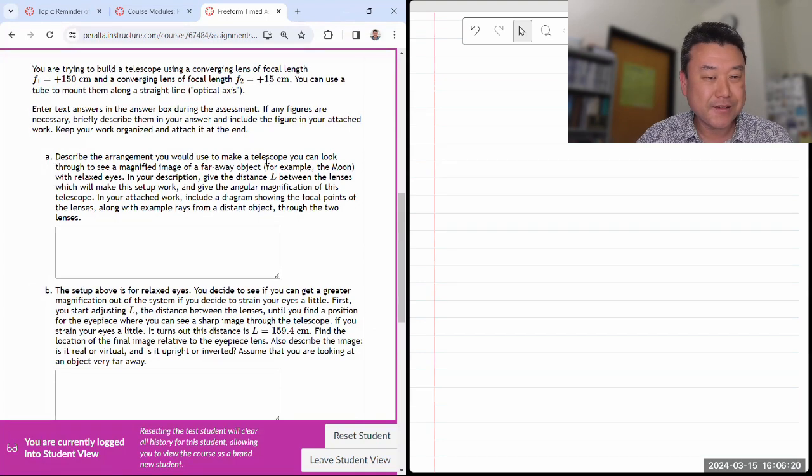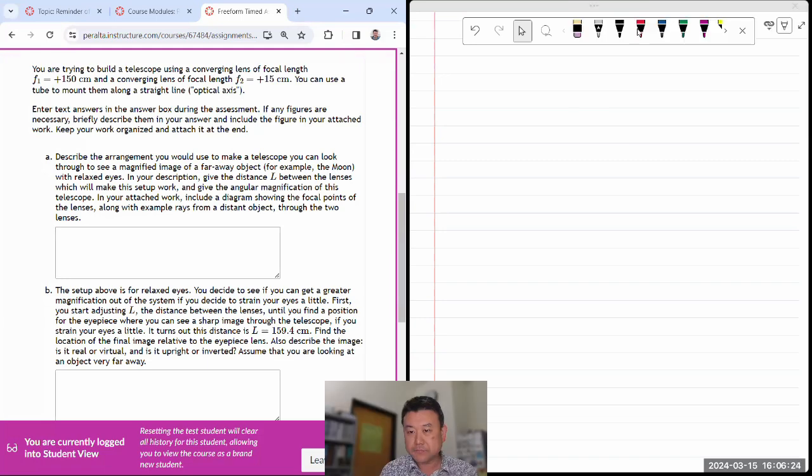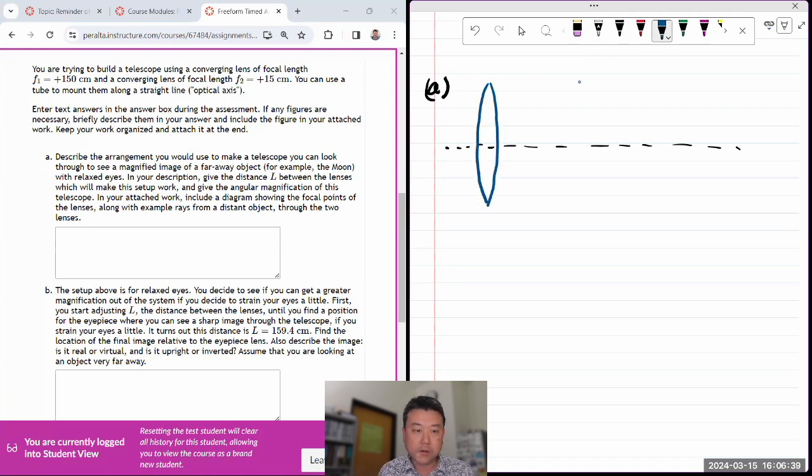Describe the arrangement. So let me just draw the picture, because I remember it from somewhere. You might remember it from lab. If you have an optical axis, and let's imagine you have your objective lens here of some long focal length, like 150 centimeters.